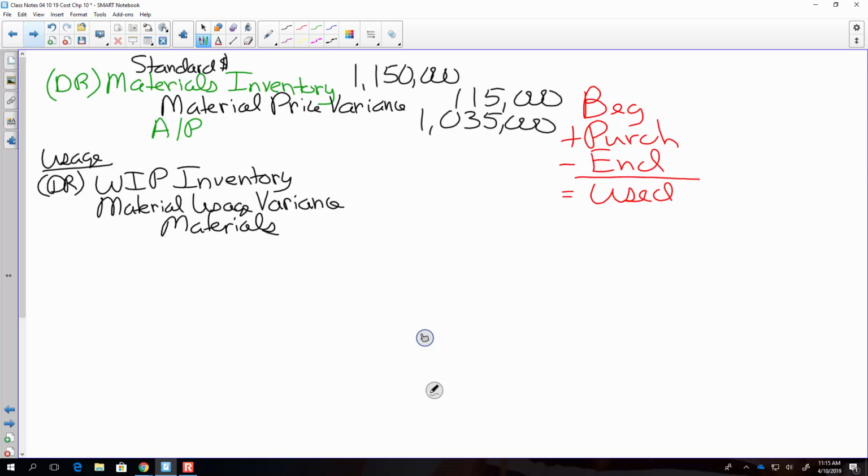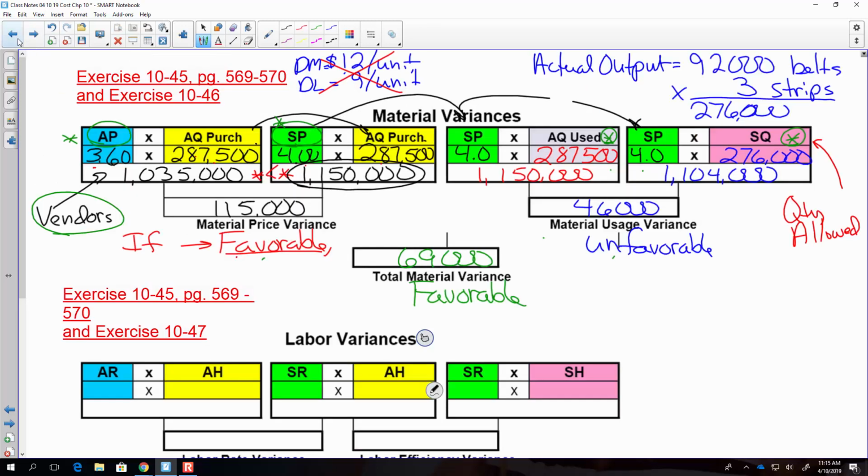So let's put our numbers in. Box 4, 1,104 is what we put into WIP. So this is my WIP number. The farthest one to the right is my WIP number, 1,104.